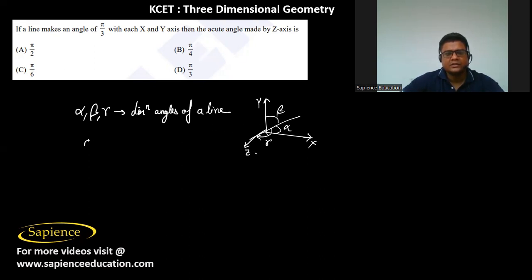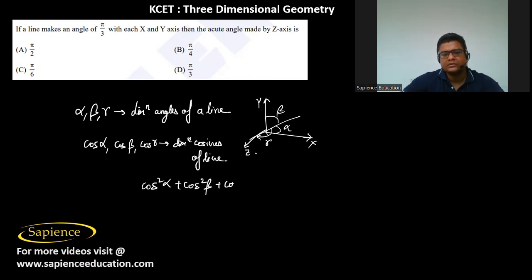And then cos alpha, cos beta and cos gamma, these are called the direction cosines of the line. And the sum of the squares of these direction cosines should be equal to 1. The rule is that cos square alpha plus cos square beta plus cos square gamma should be equal to 1.